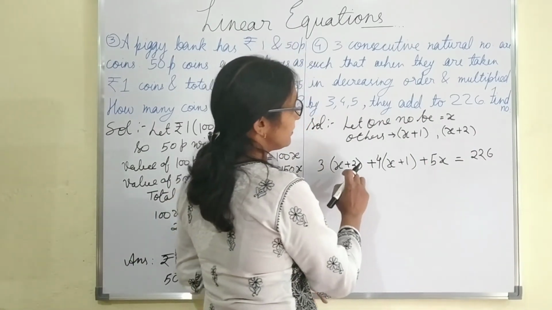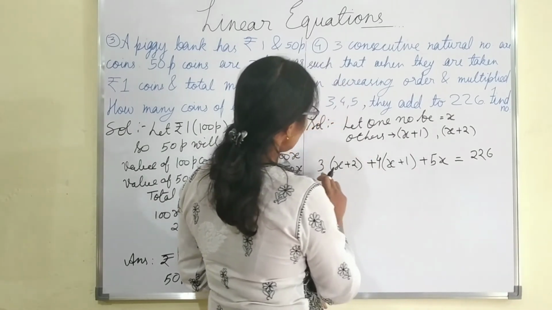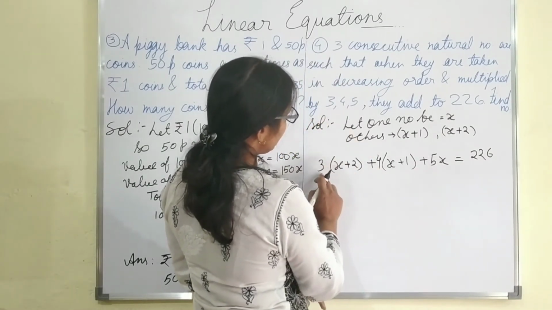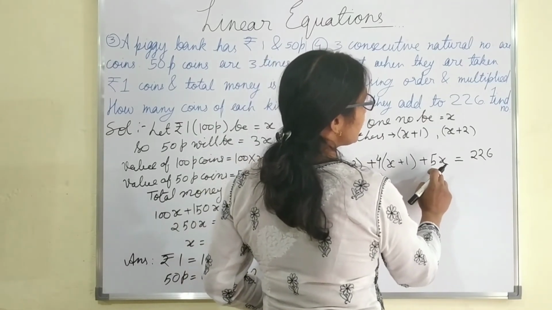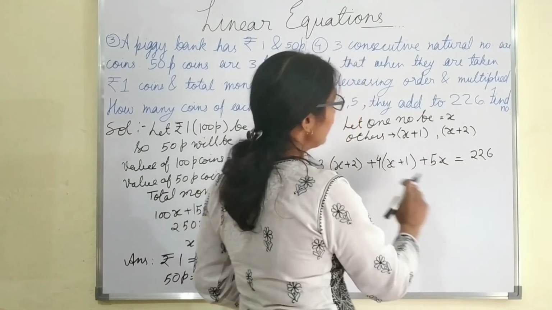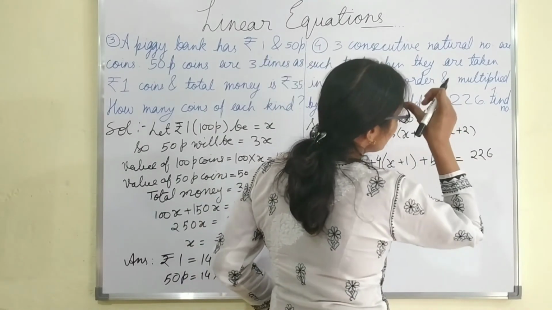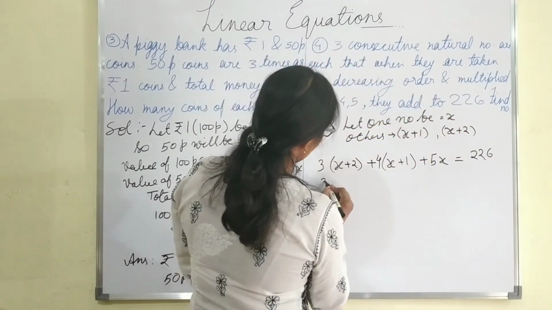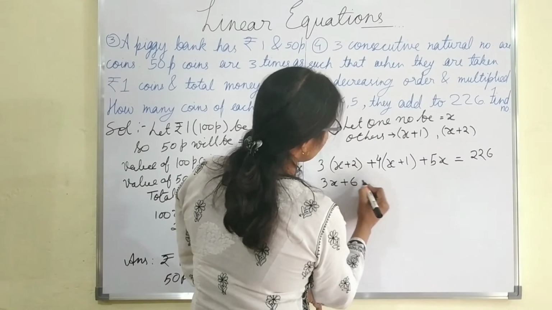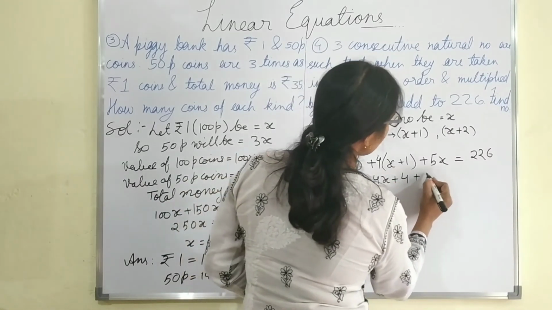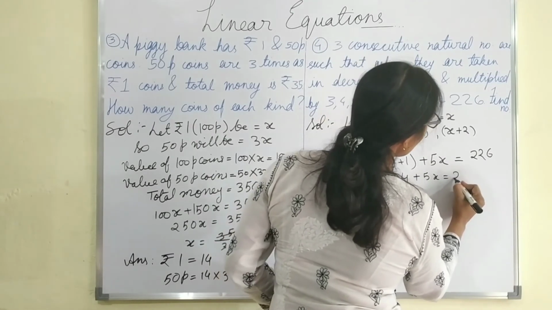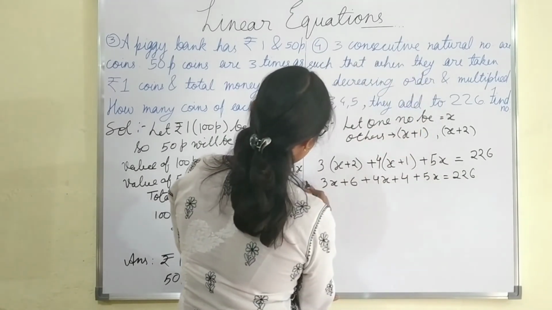Numbers are taken in decreasing order, then the first number is multiplied by 3, the second by 4, and the last, smallest number is multiplied by 5, and their sum becomes 226. So 3x plus 3 twos are 6, 4x plus 4 ones are 4, plus 5x equals 226.